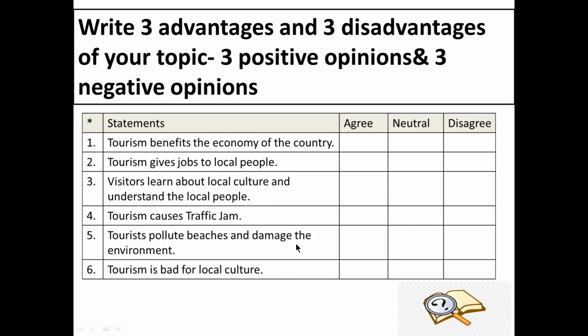Tourists pollute beaches and damage the environment. That's a disadvantage. Tourism is bad for local culture. That's another disadvantage. So you've got here 6 statements, okay? 3 of them are advantages and 3 of them are disadvantages.